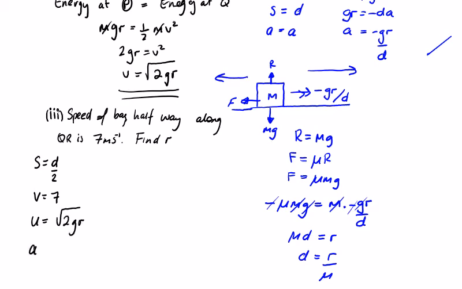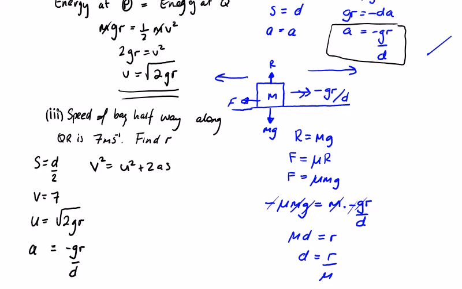I have my acceleration in terms of g, r and d, so my acceleration is minus gr over d. So s, v, u, and a. So that will enable us to use v squared is equal to u squared plus 2as.